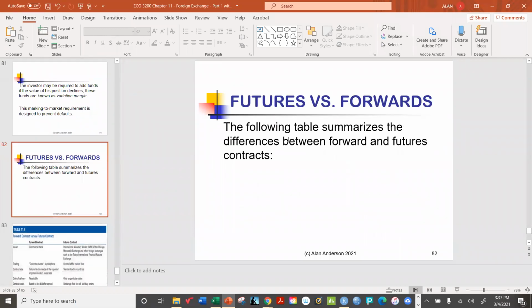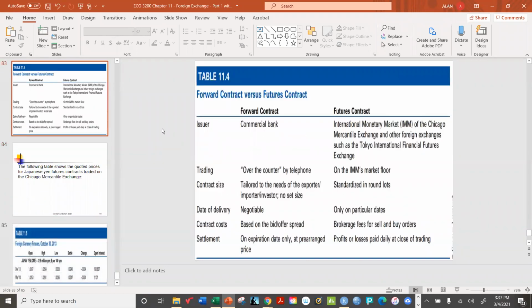All right, so here's a quick summary of the differences between the two, which I found in the book. It was very helpful of them. So with a forward contract, the issuer is probably a commercial or an investment bank. The futures contract is probably being traded on the Chicago Mercantile Exchange or one of the other ones throughout the world.